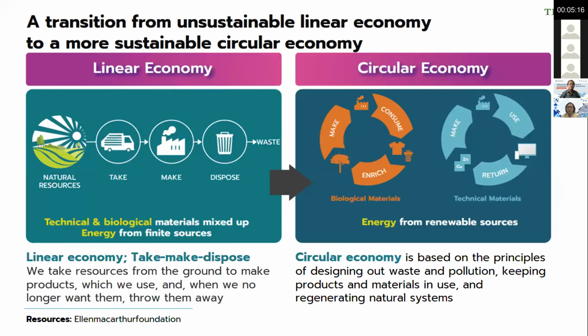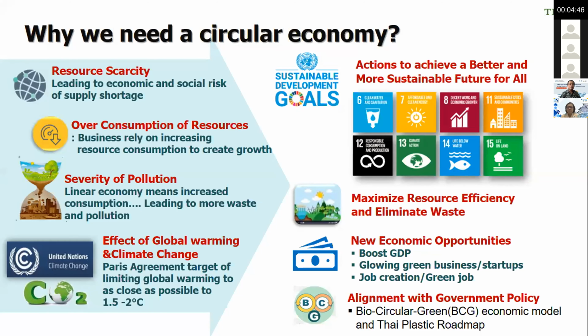The country will move from an unsustainable linear economy to a more sustainable circular economy, which transfers from the make-dispose linear economy to the make-use-return circular economy model. The energy sources will also move from fossil-based to renewable sources. Why do we need a circular economy?